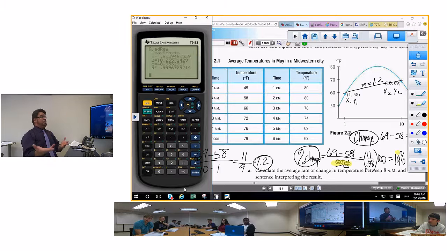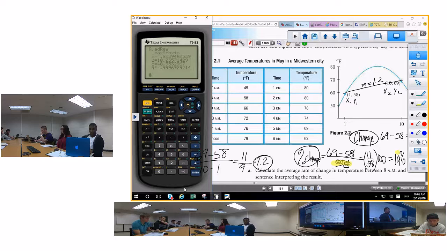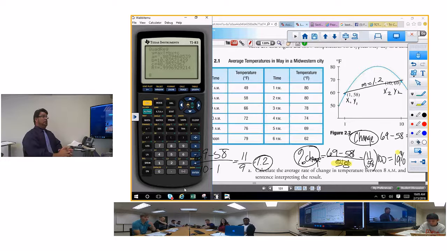Now that's how you do it on the calculator. Now I'll tell y'all what all this means in just a minute. You have second 1, comma, second 2. It will default to L1 and L2. If you put anything in L3 and L4, you have to tell it. So write that information down or keep it on your calculator.